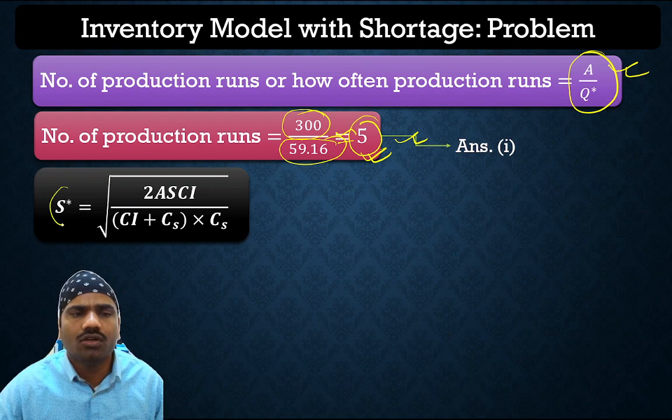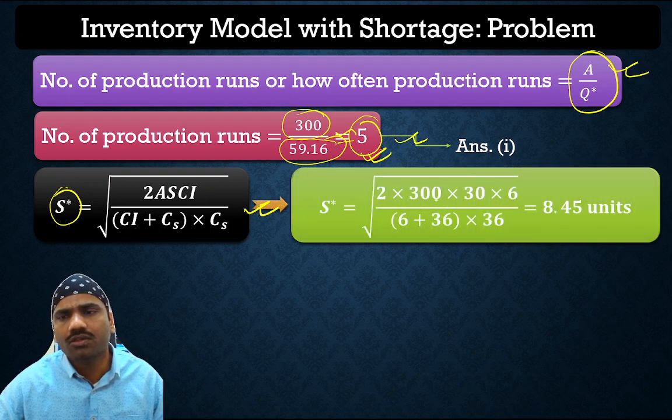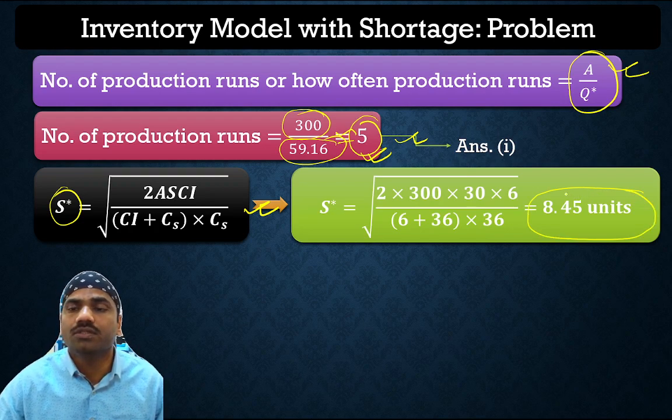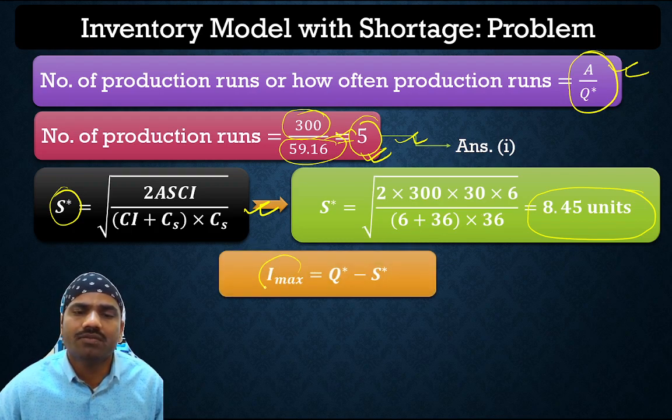Now we will find the optimum shortage. For the optimum shortage we put the values of these variables, and we find the optimum shortage quantity S star is 8.45. Next we will find the maximum inventory, Imax, which equals Q star minus S star.